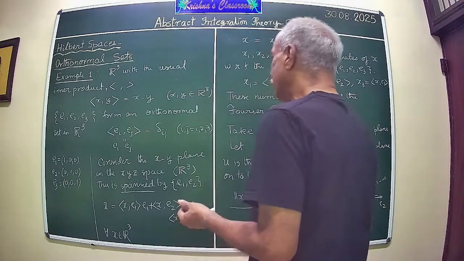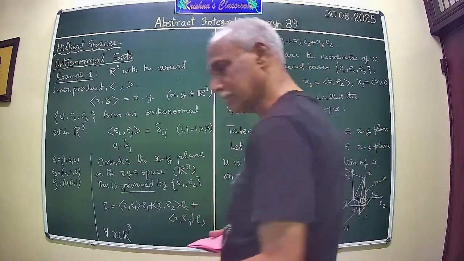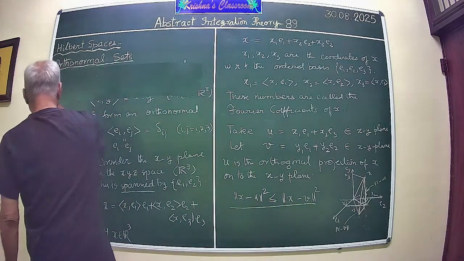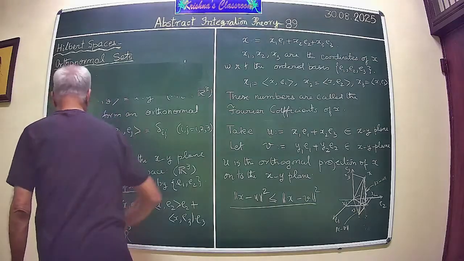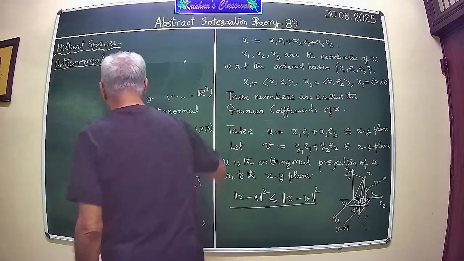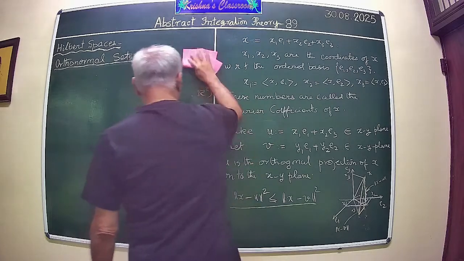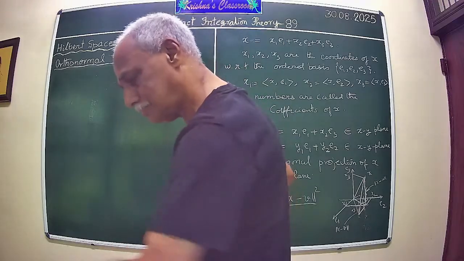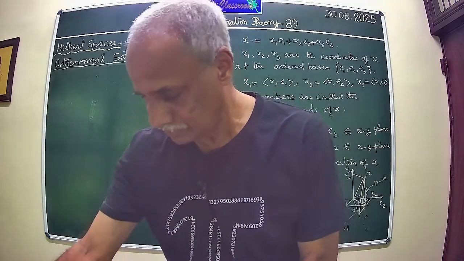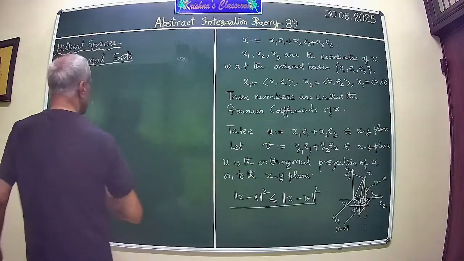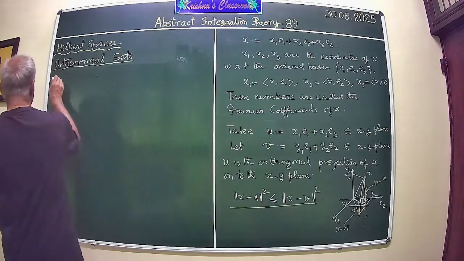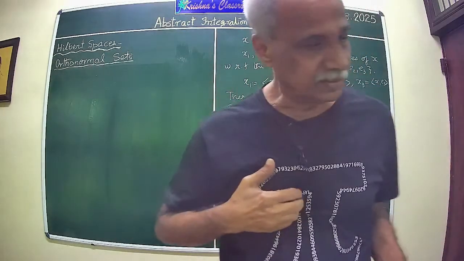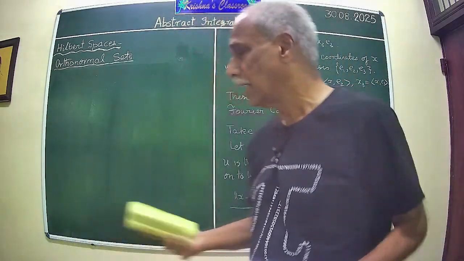Okay, so let us now go to a more sophisticated example. I'll take example 2, which is from the Fourier series, a more sophisticated version of what we have done in R3 now. Now we consider the second example, which is in the L2 space.